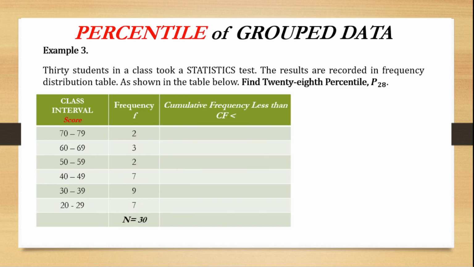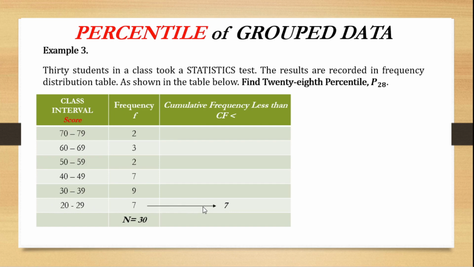So the first thing that we need to do is to complete the data in the column for the cumulative frequency less than, or the CF less than. We have to identify where the lowest class interval is in the given frequency table. Our lowest class interval starts at the bottom. We copy 7, which is the frequency of the lowest class interval.